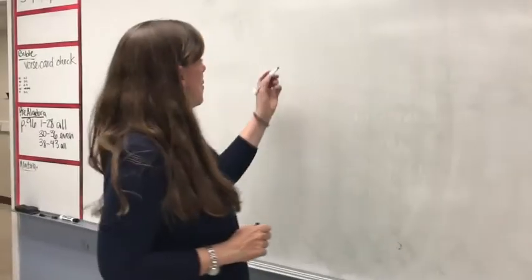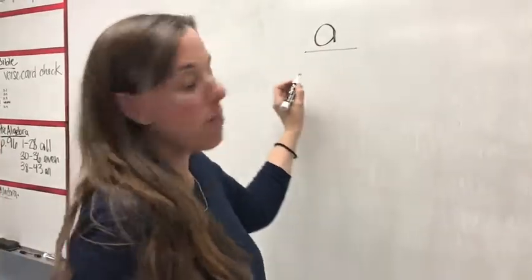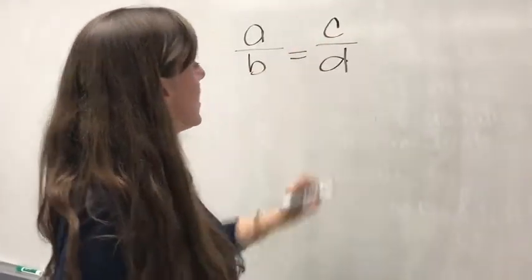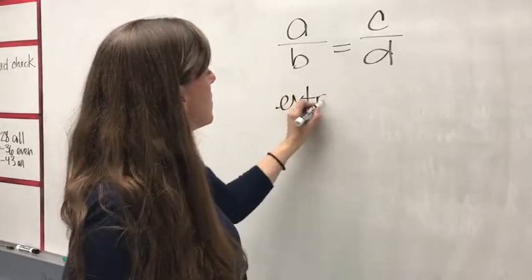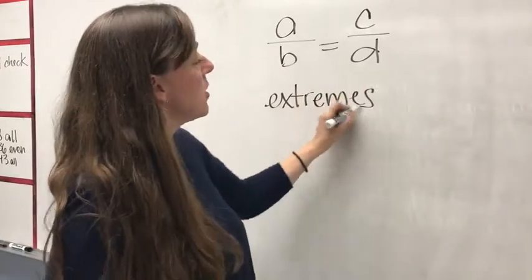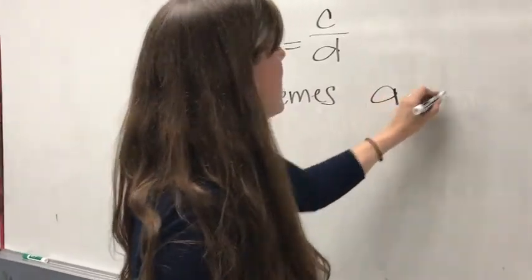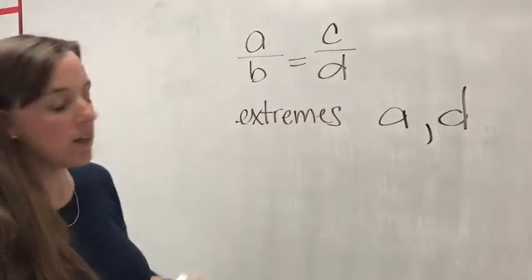Okay, so if we have the proportion A over B equals C over D, and I want to define the extremes of the proportion, the extremes are going to be A and D, these two values right here.